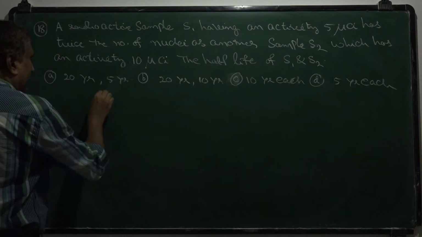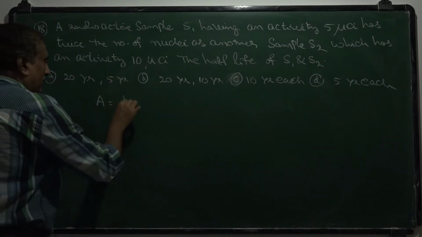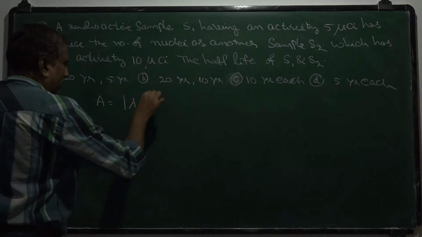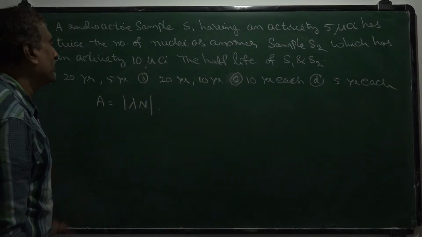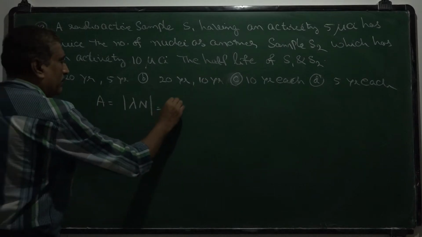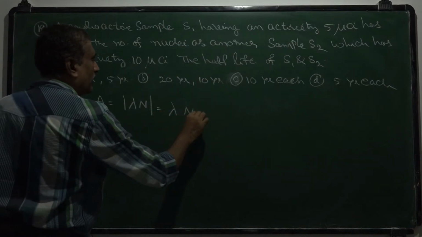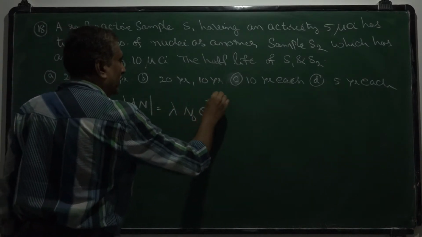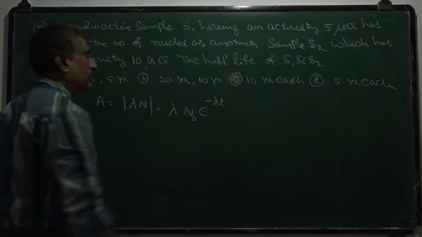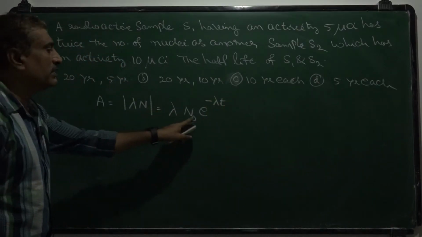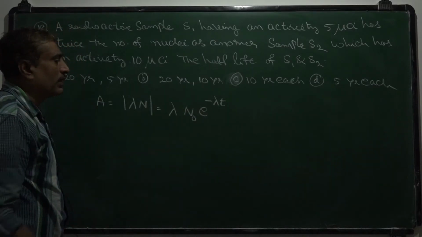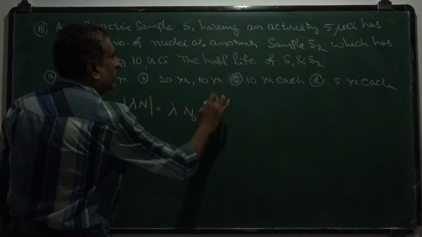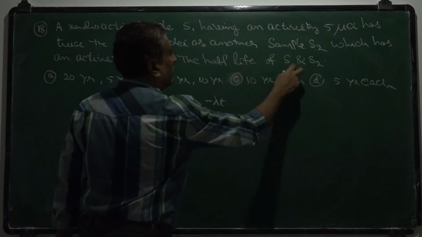Okay, the activity is defined as lambda n. We can directly write like this. Activity of the material is given as lambda n, that is lambda n0 e power minus lambda t. Actually, n is equal to n0 e power minus lambda t by the radioactive decay law. But here we have to calculate the half-lives.